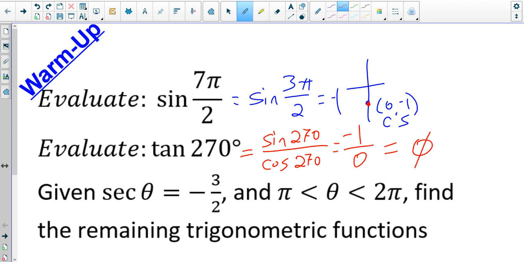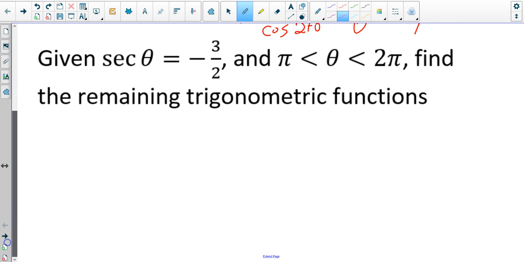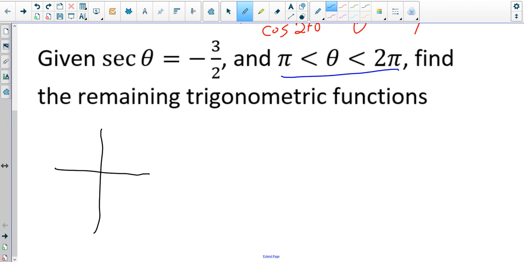The third problem says given the secant of theta is equal to -3/2 and theta is between pi and 2 pi, find the remaining trig functions. So I'm going to draw a set of coordinate planes down here, and I know that theta is between pi and 2 pi.